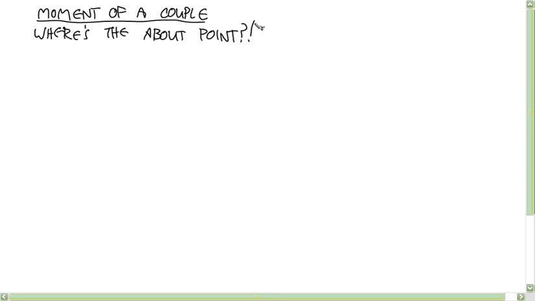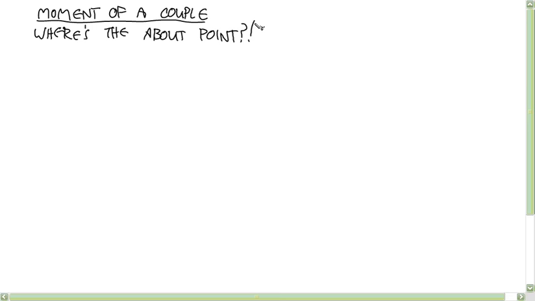And the reason these are so important is moments produced by a couple, and a couple is just two equal and opposite forces. It's really like the moment of a couple is just the combination of a moment produced by this force and the moment produced by that force about whatever point you choose, right?